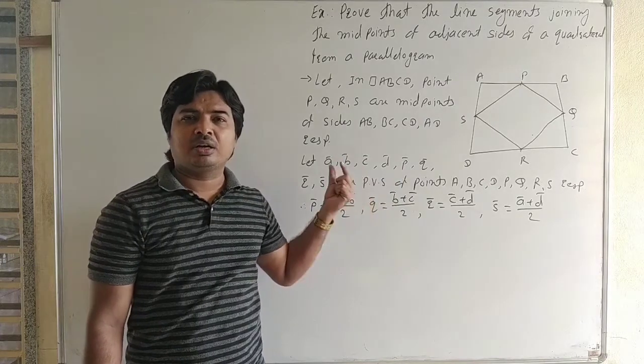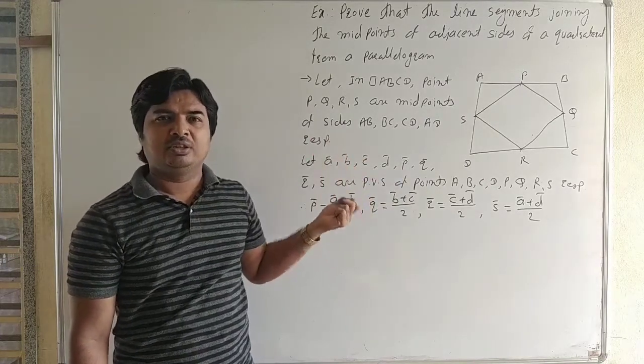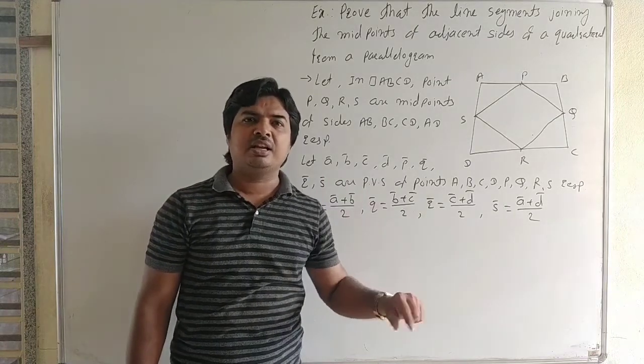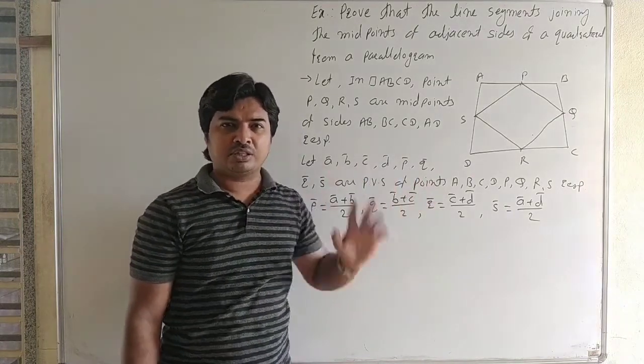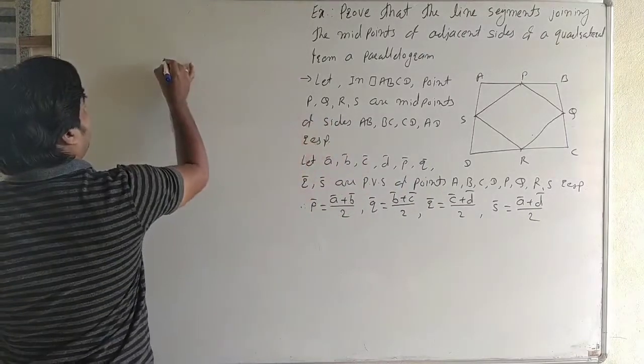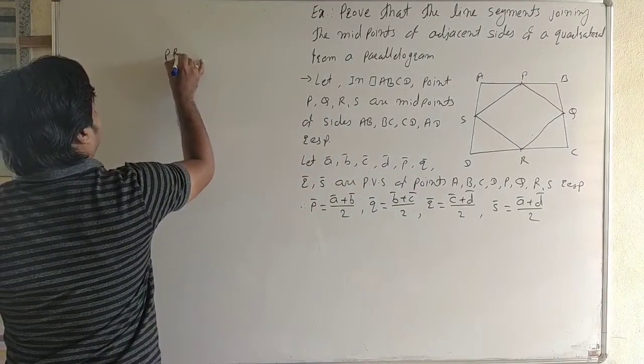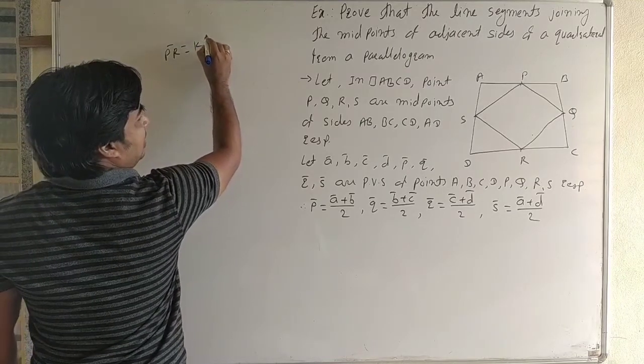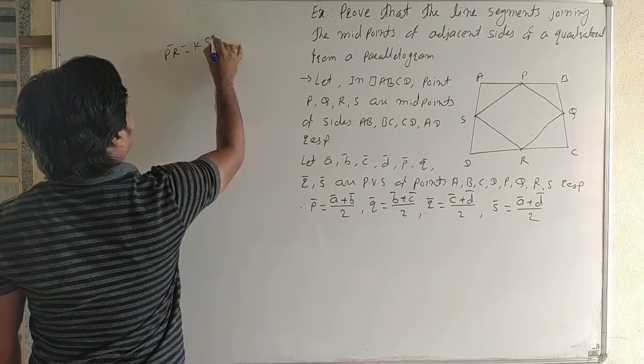What is the condition of collinearity? One vector is a scalar multiple of the other. That means two vectors are collinear. Therefore we have to show PQ is a scalar multiple, k is a scalar, of SR.